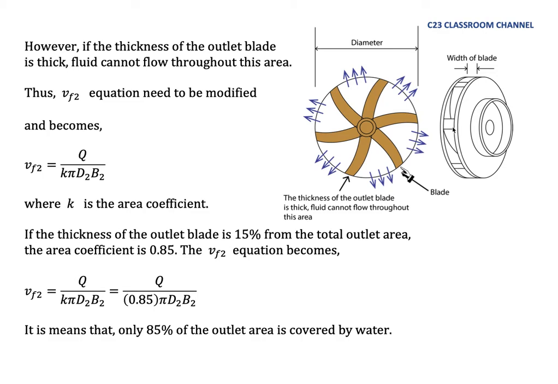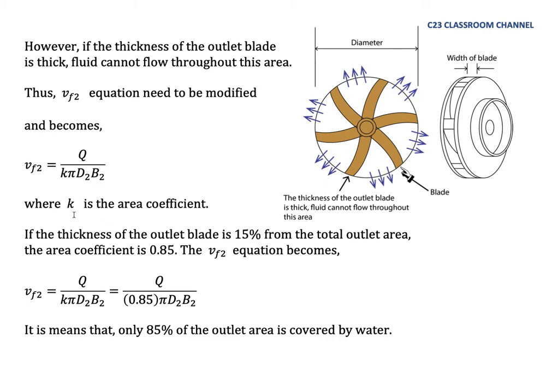So somehow we must deduct the area of the blade thickness from the area of 2 pi r. So the equation of Vf2 needs to be modified, and it becomes Vf2 equals Q over K pi d2 b2, where K here is the area coefficient.